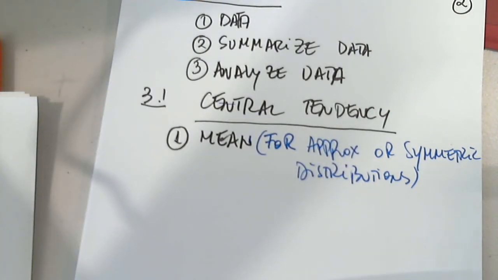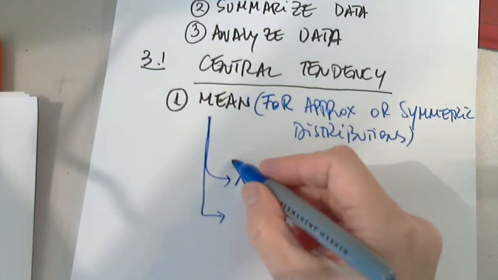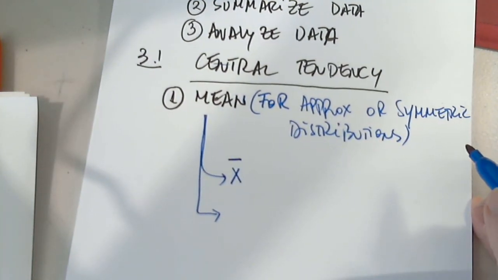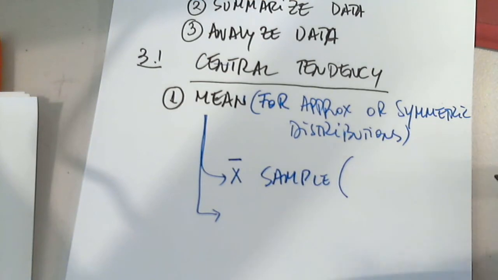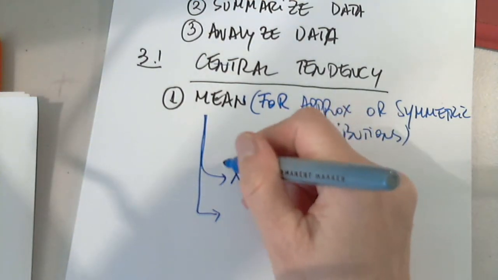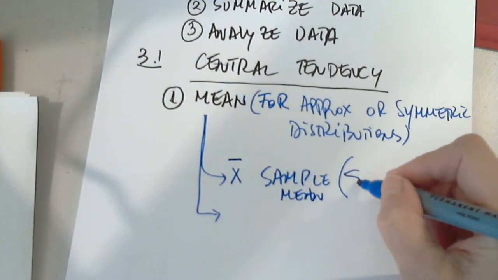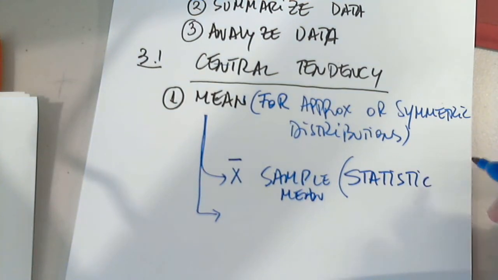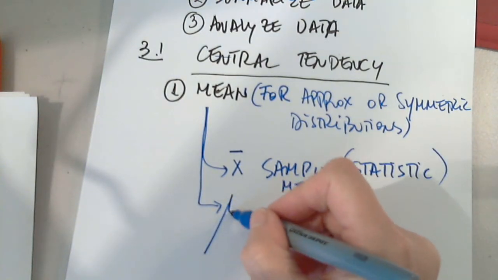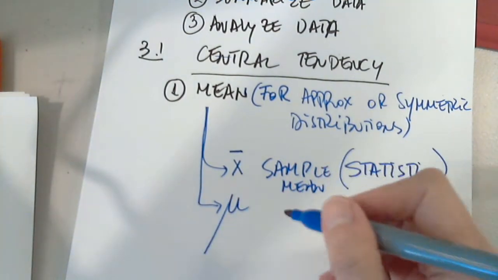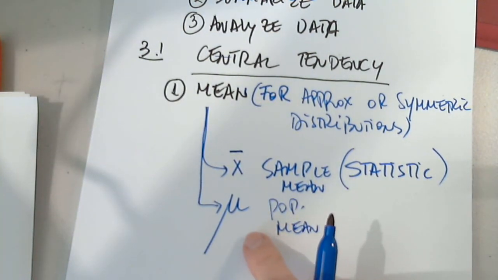And now we do have two different notations. X bar is for the sample. Two weeks ago we said that the sample mean is called a statistic, not a statistics, a statistic. Now we also have the notation mu, which is a Greek letter. It's the population mean, which in most cases we do not have.